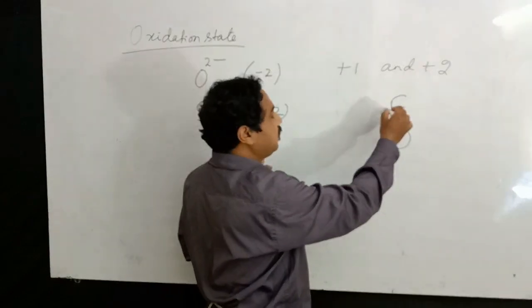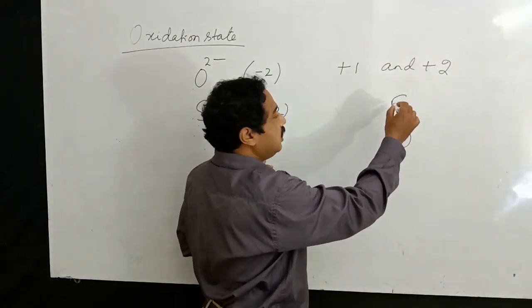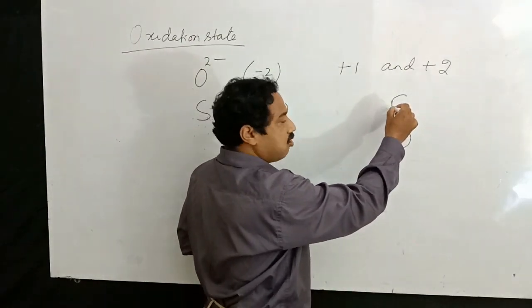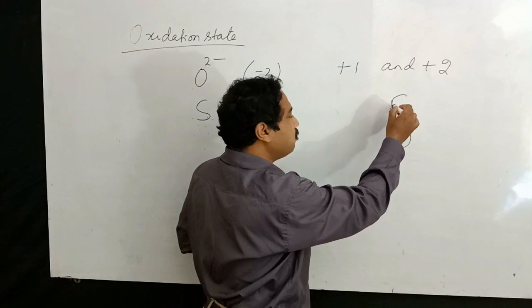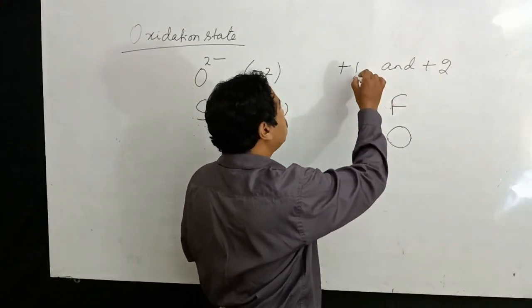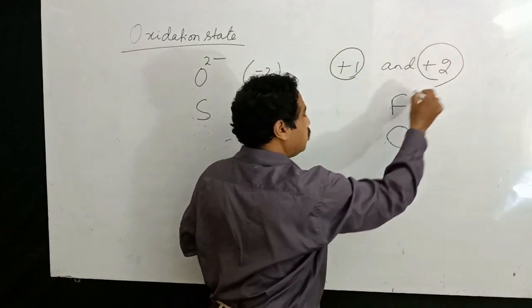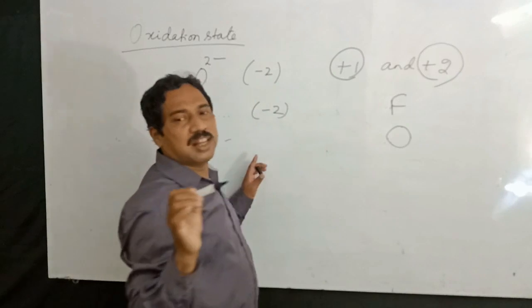First is fluorine, second is oxygen. When oxygen forms compounds with fluorine, then oxygen can show positive oxidation states like +1 and +2. So there are only 2 exceptional cases.